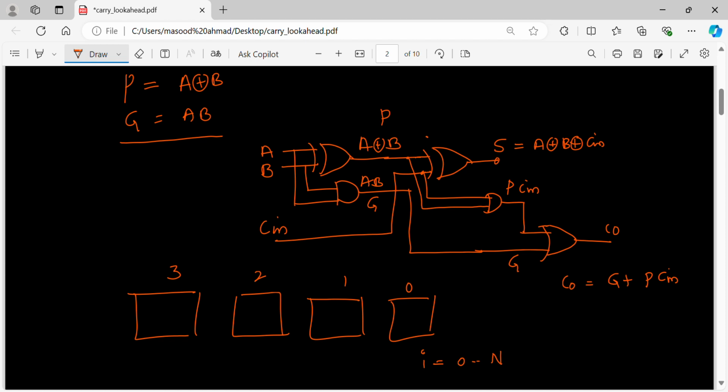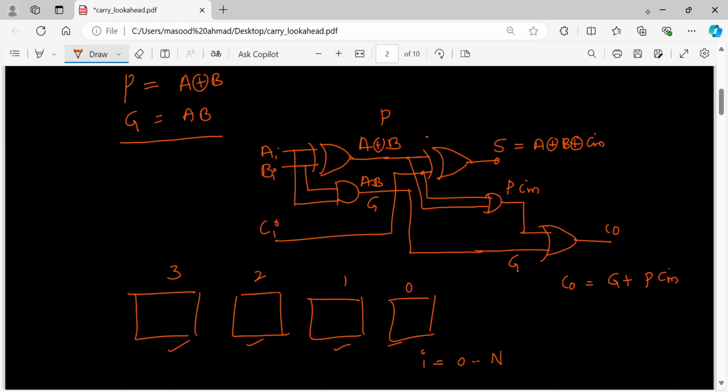So i is the index value which refers to different full adders. Instead of saying A and B, I say Ai and Bi. I am showing a typical stage wherein we have Ci as input.